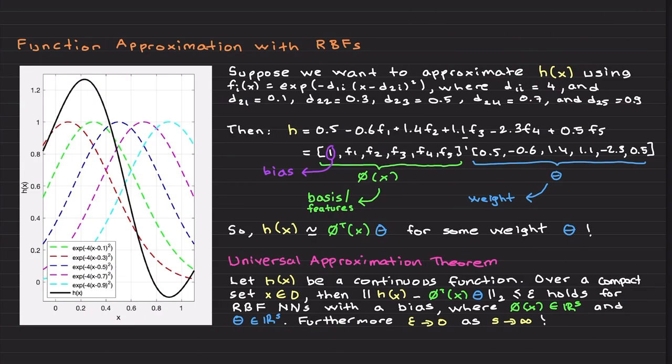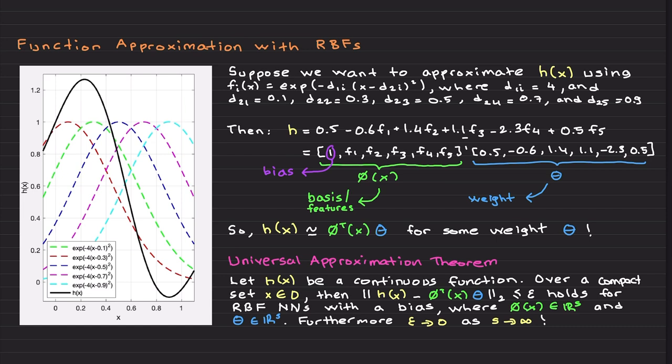All right, so function approximation with radial basis function neural networks, feed-forward. Let's say we would like to approximate this function h(x), here, using radial basis function networks. Think about here, we have, say, 5 neurons. The maximum value of these 5 neurons can go up to 1.